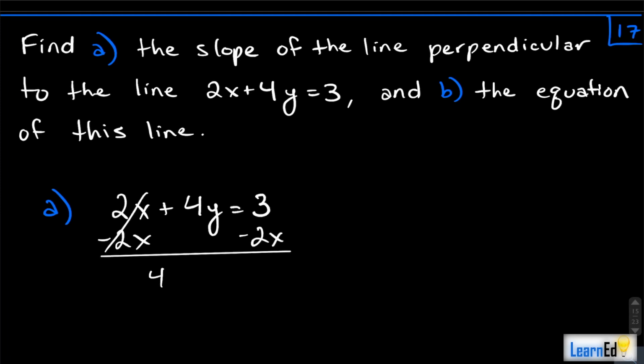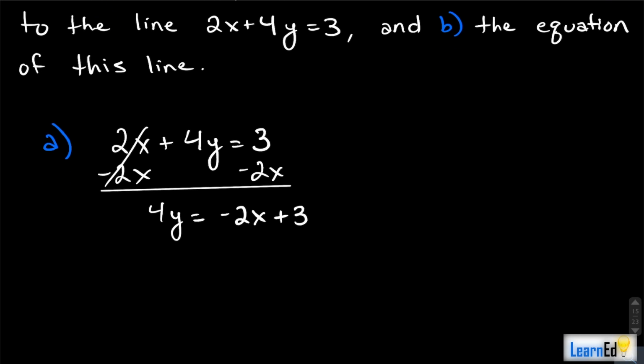We get 4y equals 3 minus 2x. We can also write this as negative 2x plus 3. Dividing by 4 on both sides, we can finally get y by itself, and that gives us y equals negative 1/2, right? You can write negative 2 over 4 as negative 1/2 x plus 3 over 4.